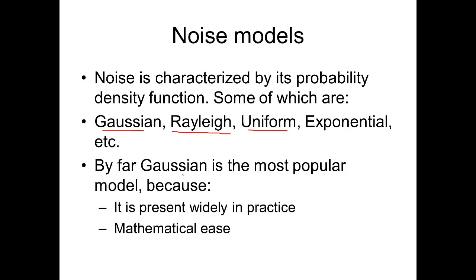But Gaussian is the most popular model because it appears widely in practice, and the mathematics is very easy. If you know statistics, a Gaussian distribution can be determined by its mean and its variance.